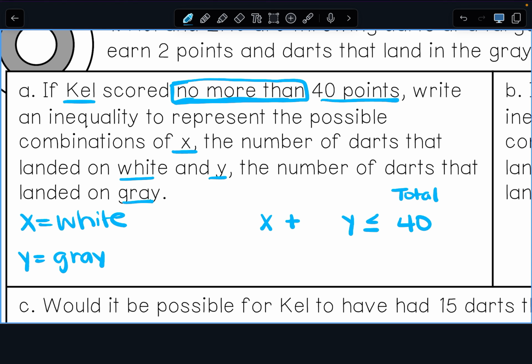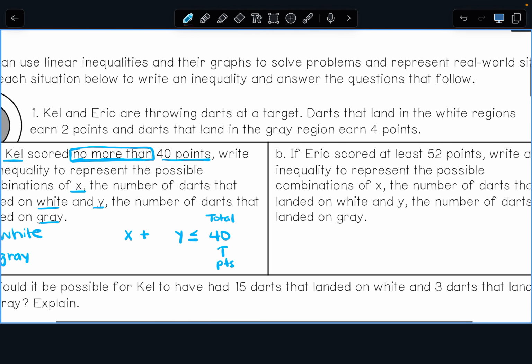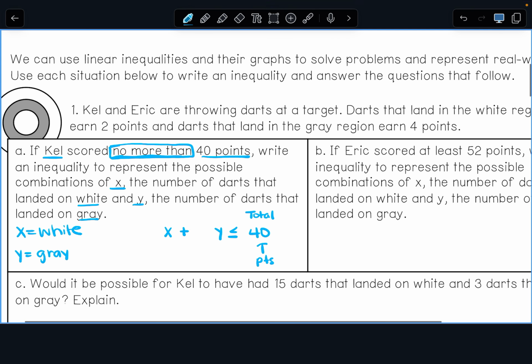Since my total represents the amount of points, I need to assign some amount of points to my x and my y value. So how many points is my x value worth? X is white. The white region earns 2 points.